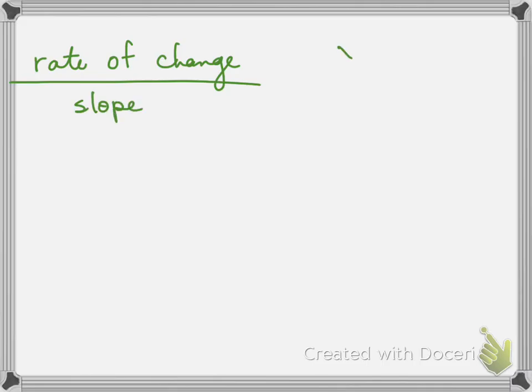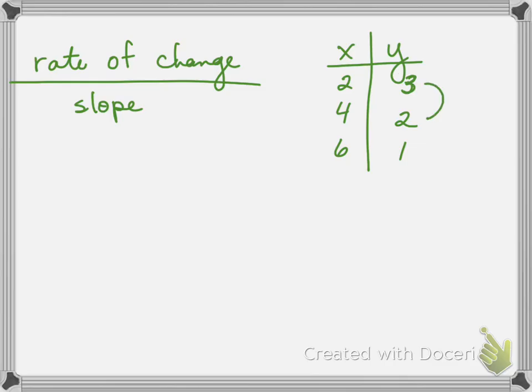So they would give you an XY table, and they would tell you to find the rate of change. And all you did was, I think when you did rate of change, you said like, oh, we're minusing 1, we're minusing 1.